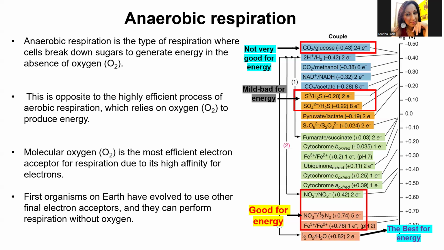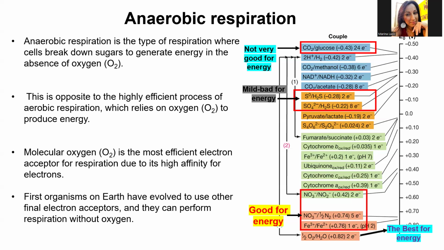Anaerobic respiration is usually the opposite of the highly efficient process of aerobic respiration, because aerobic respiration relies on oxygen, and as you can see, oxygen is very far down on the Tower of Power, which means it has a highly positive redox potential.